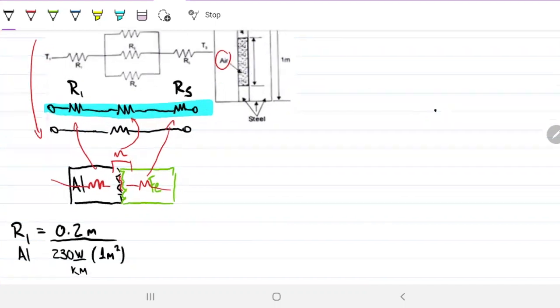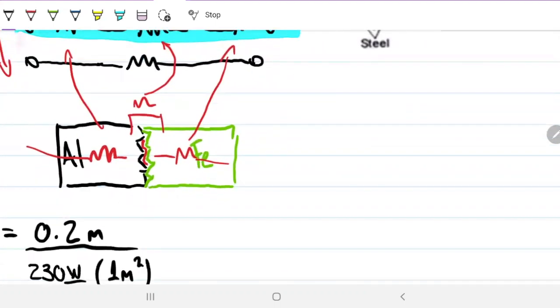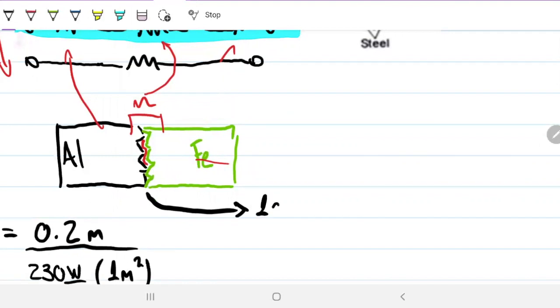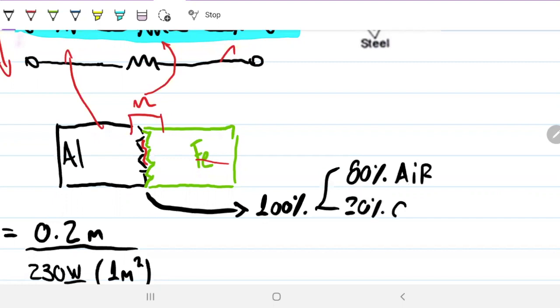One detail that I didn't say, but it's given in our problem statement, is that out of this area in contact, we have 100% of the area, that's 1 meter squared. Out of this, 80% is filled with air, according to the statement, and 20% is in contact.